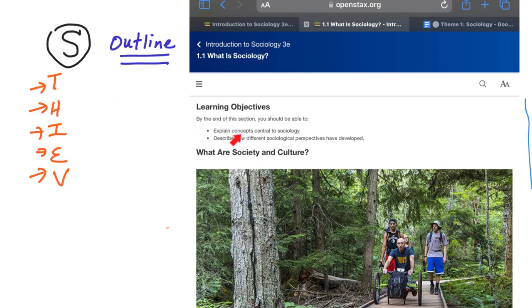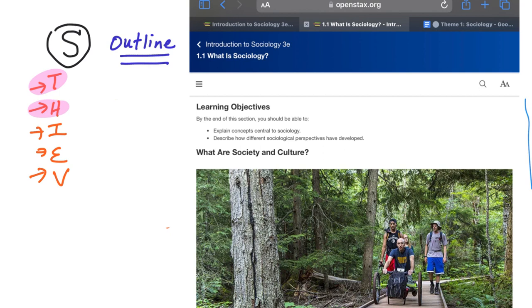So I don't just define sociology, I need to explain some concepts that are related to it, and I need to describe some different sociological perspectives and their history, how they developed. Okay, that's kind of a lot. I need to define sociology, explain some of its concepts, and tell how different theories in sociology have developed over time. All right, title, done with the title.